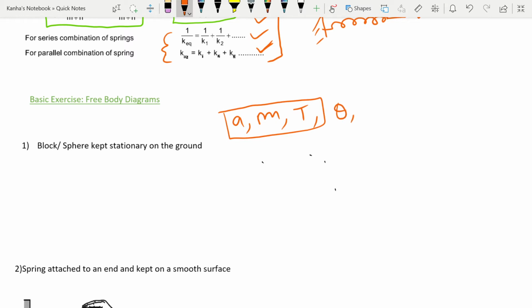But the basic step for solving any question coming from Newton's laws of motion is, first of all, making the correct free body diagram of whatever is given in the word problem.